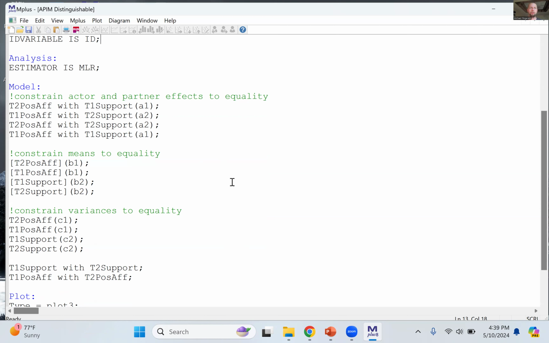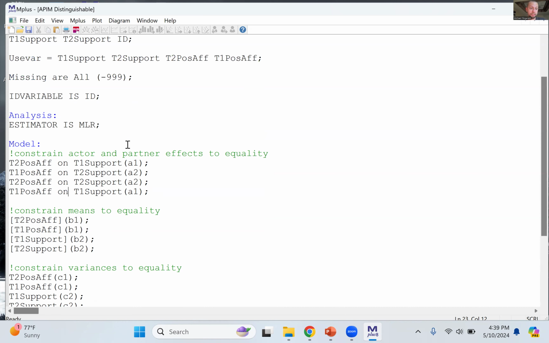And this is a way to theoretically distinguish dyad members to see if those theoretical propositions empirically hold. And so we do that with both indistinguishable and distinguishable dyads. But with indistinguishable dyads, you also keep these constraints in the model. And so that's why I'm changing these with statements to on statements.